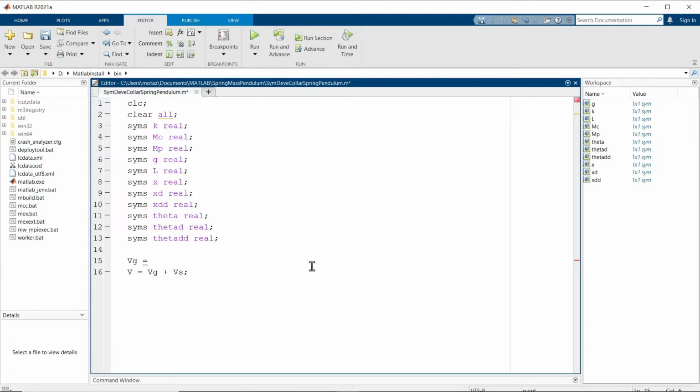So it'll be negative mass of the pendulum times gravity times L over 2 times cos theta. And the potential energy of the spring is 1/2 kx squared. Since there's two of them, it'll just be 2 times 1/2 kx squared.